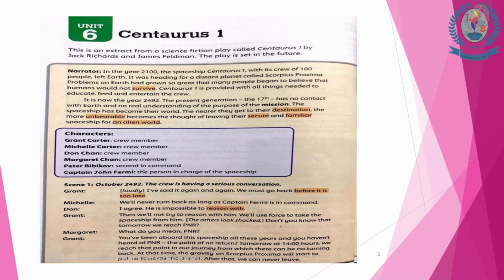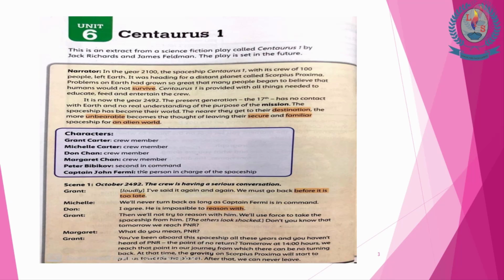Time passed, and now it is the year 2492. The present generation, the crew, has no connection with Earth. Actually, they have no idea about the purpose of the mission. They seem to have had no clear understanding of the job that they were sent to. By that time the spaceship has become the whole world for them.